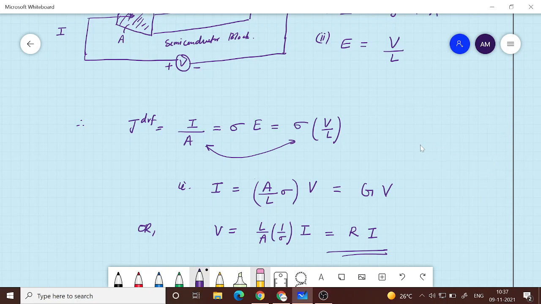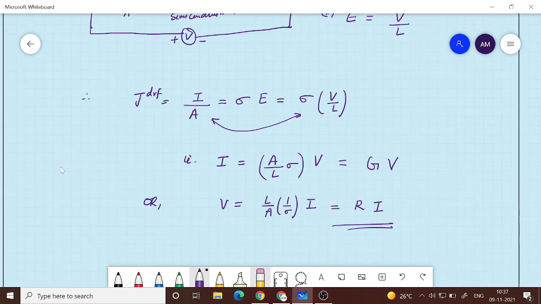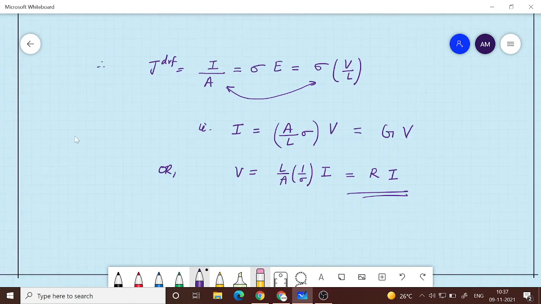We can get it very easily from the differential form which we have derived. So that's it. That's the drift current density, and if you want, you can write this as also drift.